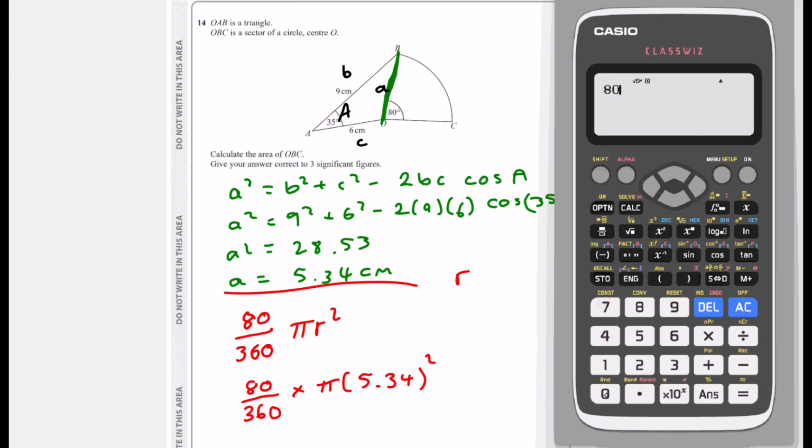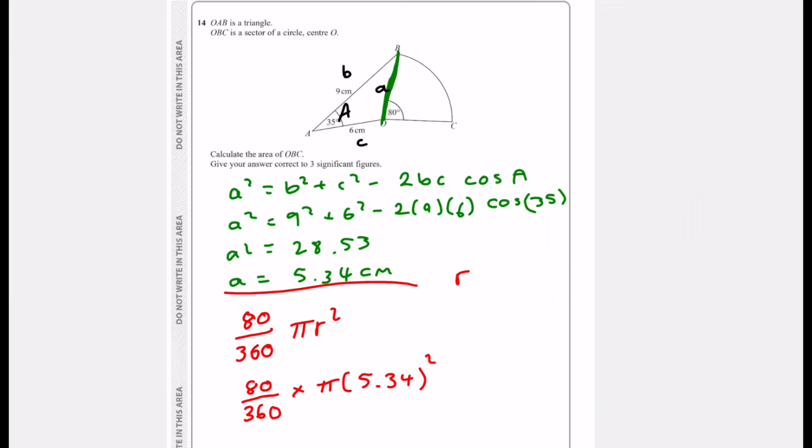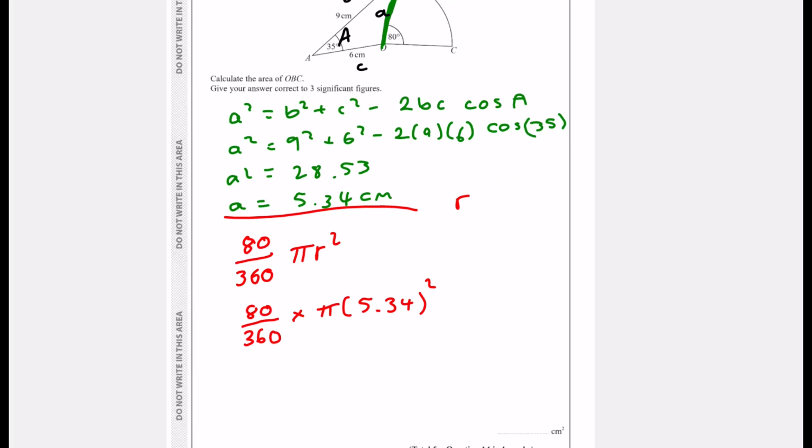So it's 80 over 360 times pi times the answer squared. So we get 19.9. So that is our answer, 19.9 centimeters squared.